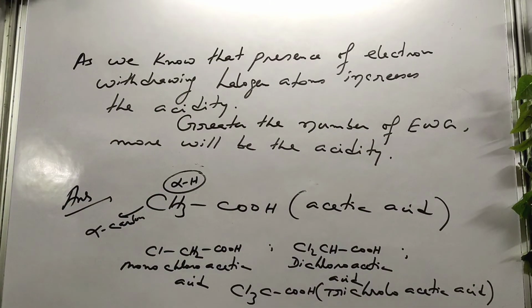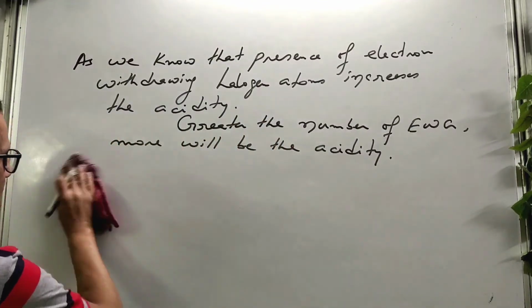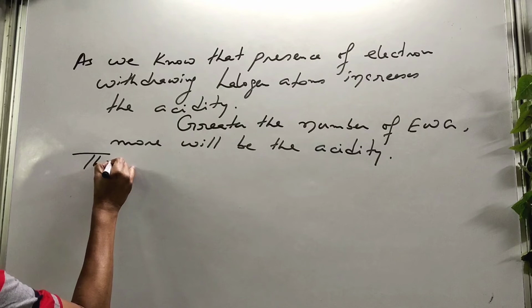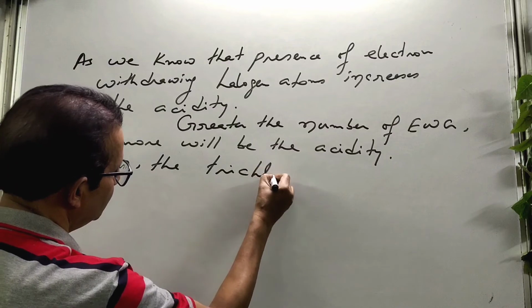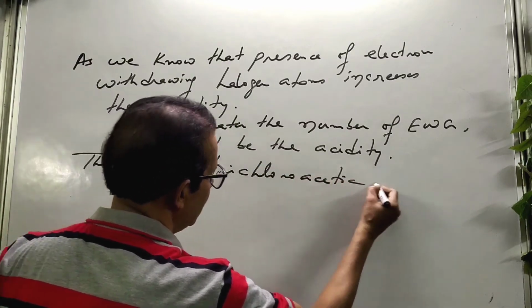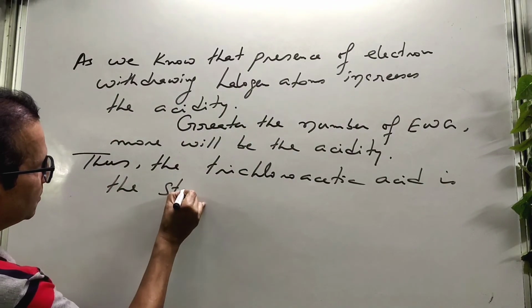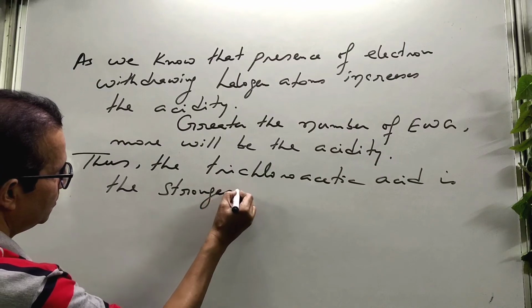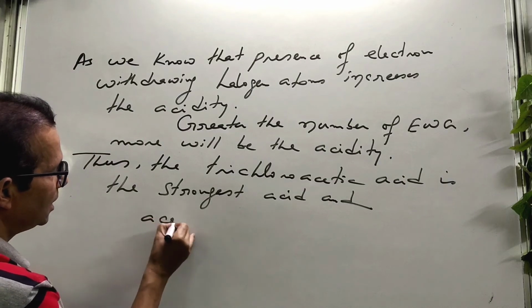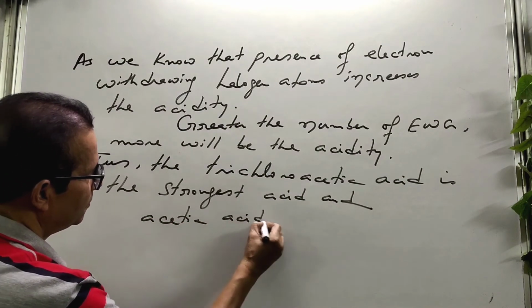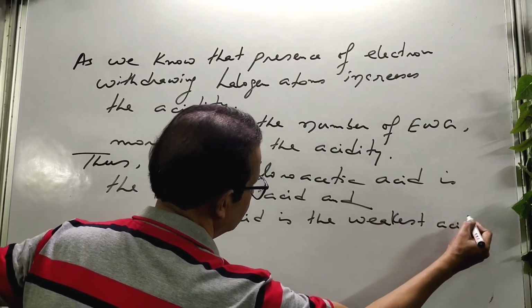Thus trichloroacetic acid is the strongest acid and acetic acid is the weakest acid.